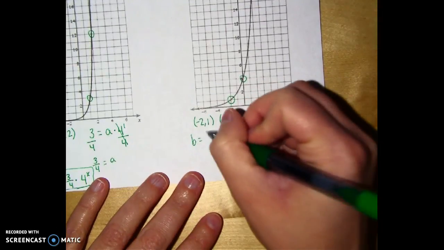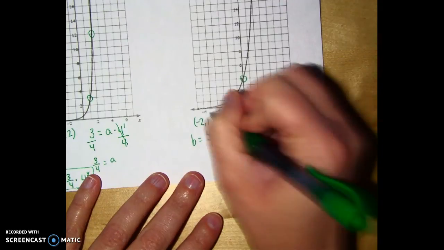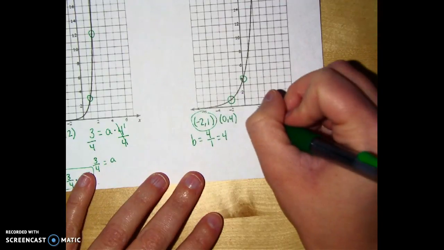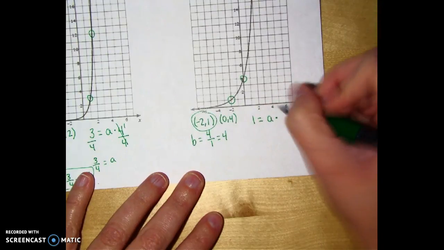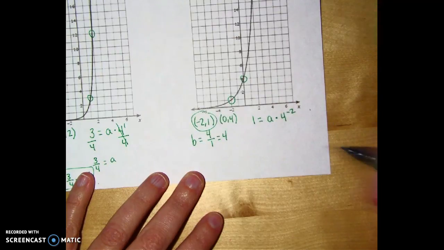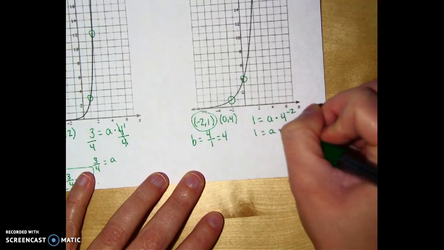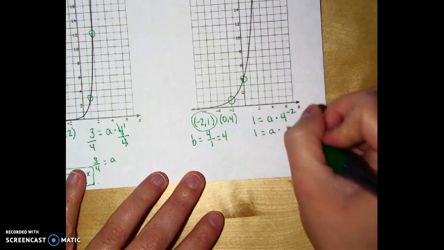This is 4 over 1, which is 4. I'm going to use the first point. 1 equals A times B is 4 to the negative 2nd power. 1 equals A times, and 4 to the negative 2nd power is 1/16.